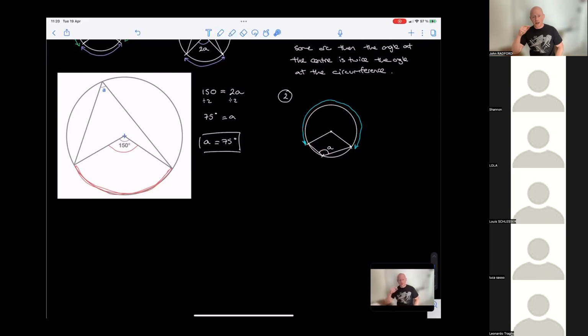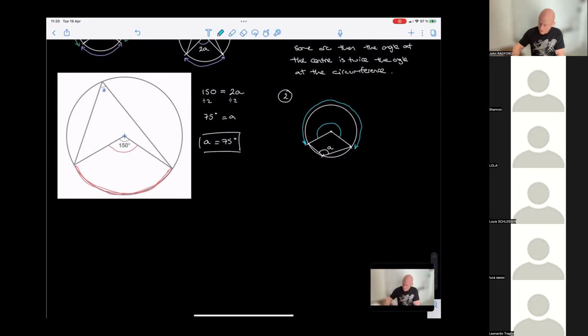Now that we've established that, you need to ask yourself, okay, well, if that's the arc we're working with here, which is the angle at the center that's formed by the same arc? Well, it's not this one. It's this guy here, right? It's the larger angle at the center that we're dealing with in this case. So the angle at the center that we're working with is this one right here.